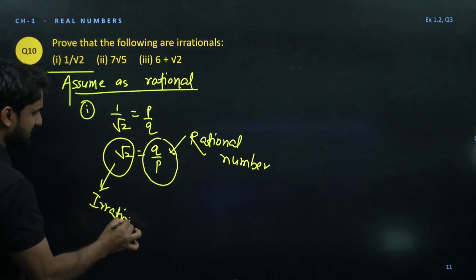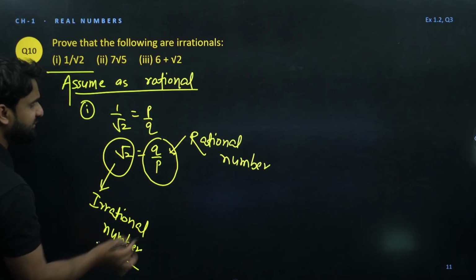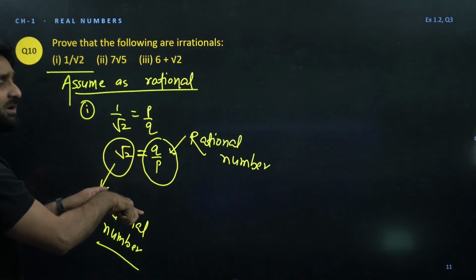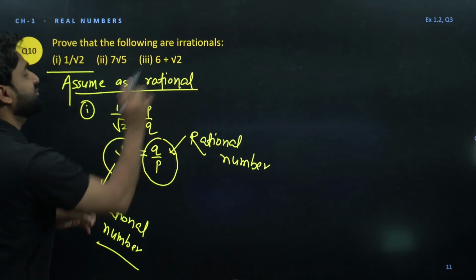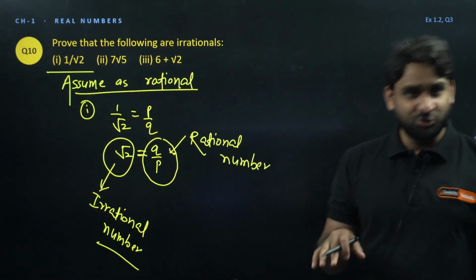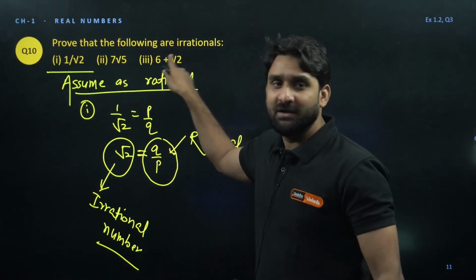A rational can't be equal to an irrational number. So this is a contradiction. And why has this contradiction occurred? Because our assumption was rational. So 1 by root 2 can't be a rational number. It has to be an irrational number. Same procedure you can apply in the second and third questions.